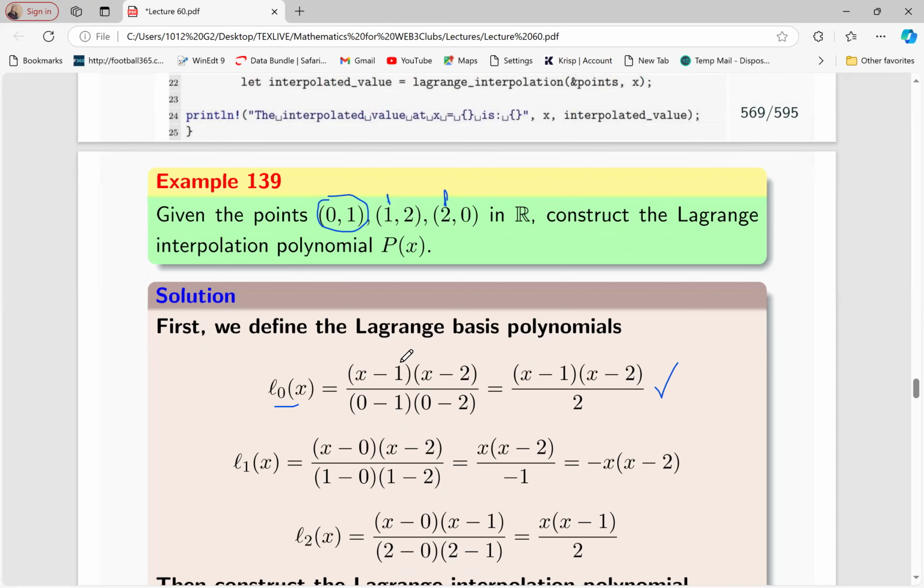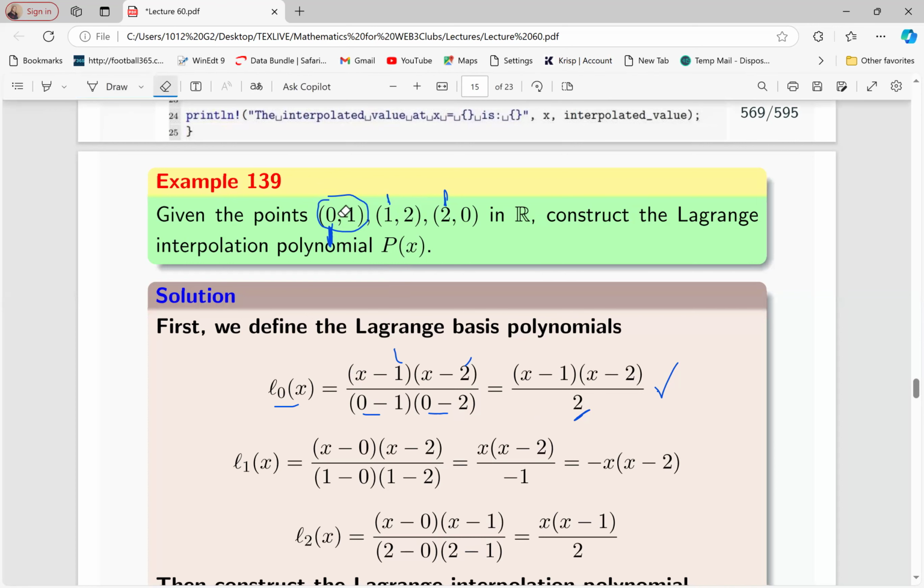So you are seeing x minus 1, then x minus 2. Then take the value of x of the point you're considering, which is 0, and subtract the same values you subtracted in the numerator. So it will be 0 minus 1, then 0 minus 2, and that gives you minus 1 times minus 2, which is 2.